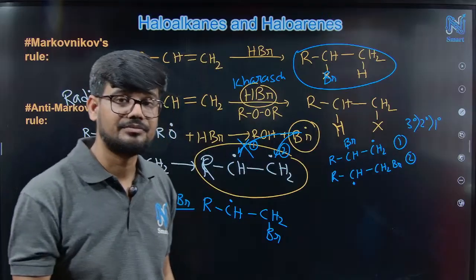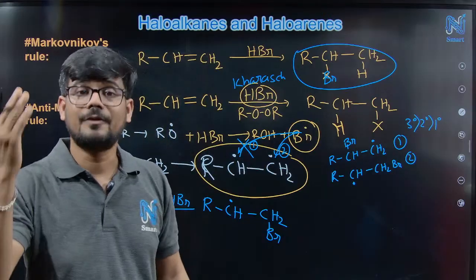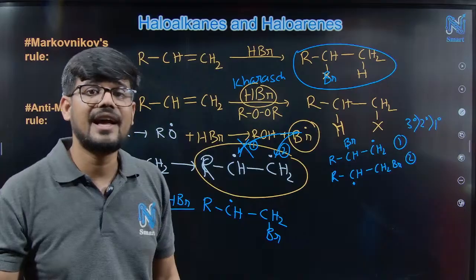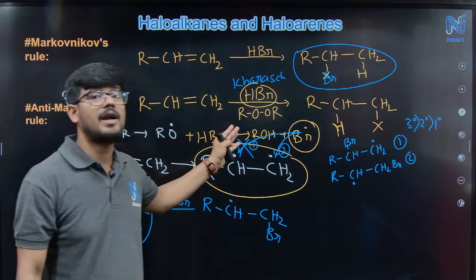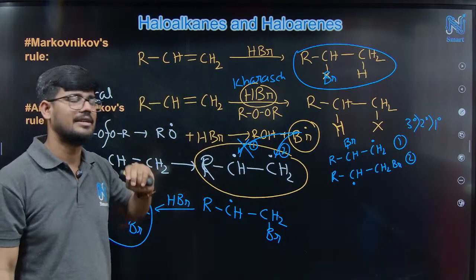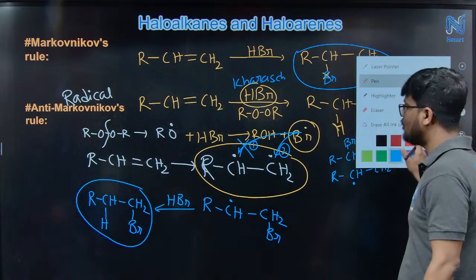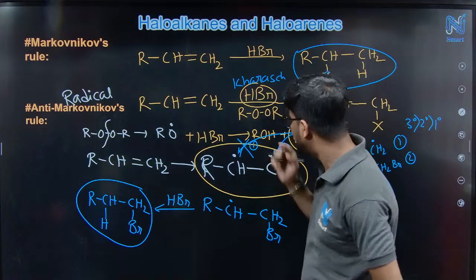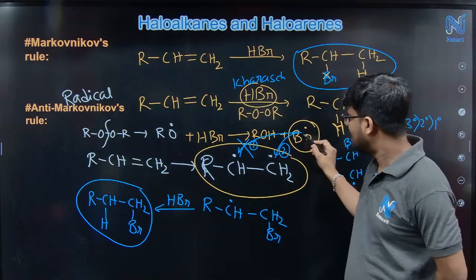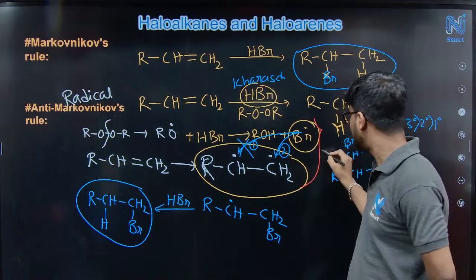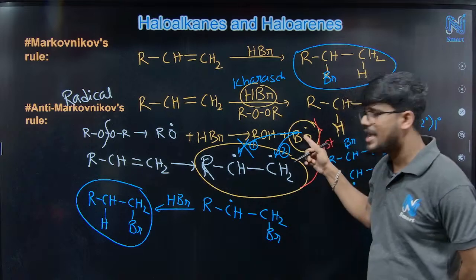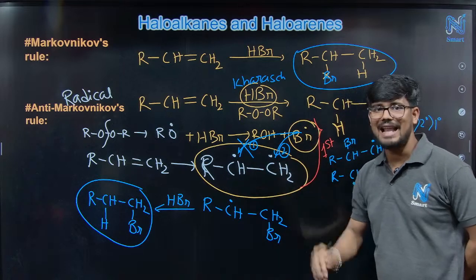The question is why? Why in the case of HF, HCl and HI are we not observing the peroxide effect? The reason is, you have to check this radical mechanism. Just look carefully. So the first step, this is our vital first step, where the bromine radical is attacking this alkene system.